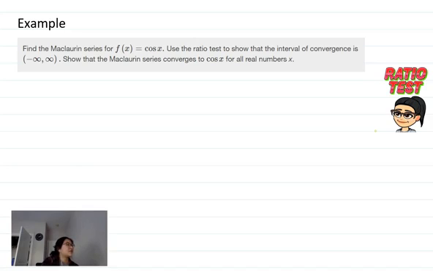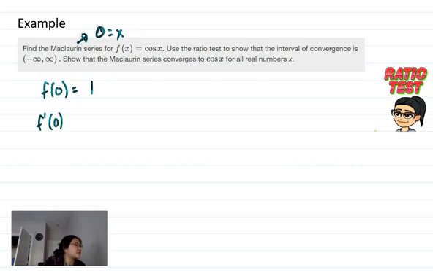So we have Maclaurin, which means that we're starting at 0. Sorry, this is gonna be a long video. x equals 0. So we have f of 0, and that's going to be 1. And then we have f prime of 0. So this is cosine, so this is negative sine, but that's going to be 0. f double prime is going to be negative cosine, so that's negative 1.